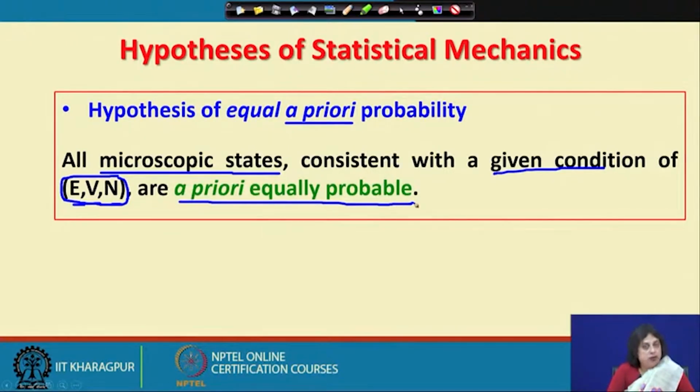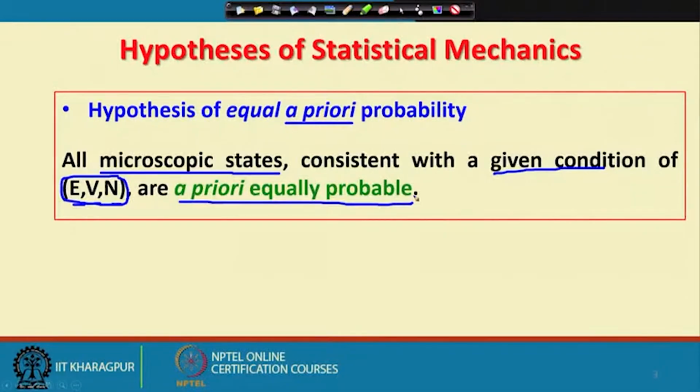I do not have any basis for explaining why this kind of statement comes about. All we can say is that this appears to be a very important starting point for the formulation of the principles of statistical mechanics.